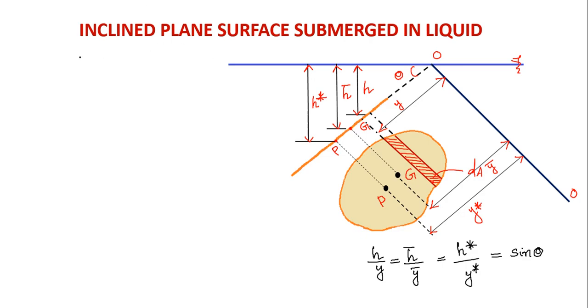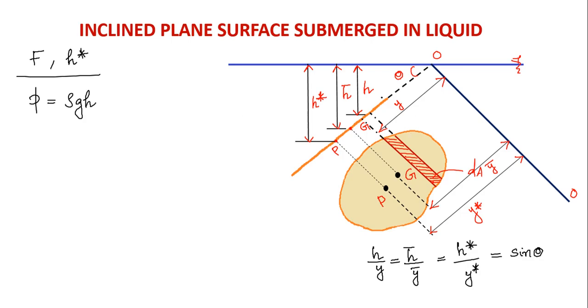Now let us derive an expression to calculate the total pressure and the position of center of pressure h star. Considering the small strip of area, let P be the intensity of pressure exerted by the static fluid on the small strip. So we can write P as rho g h.